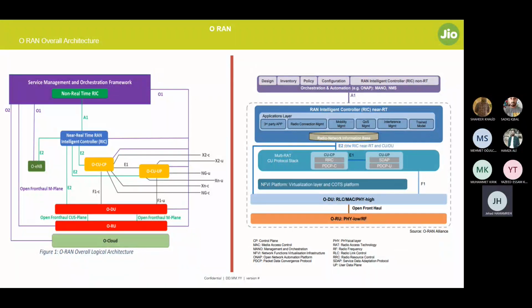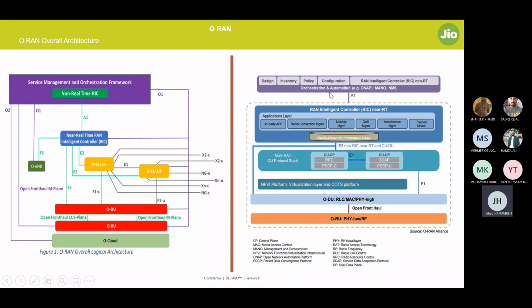Now the RIC is connected via interface A1 with the orchestration and automation, which is at the upper layer here in purple.